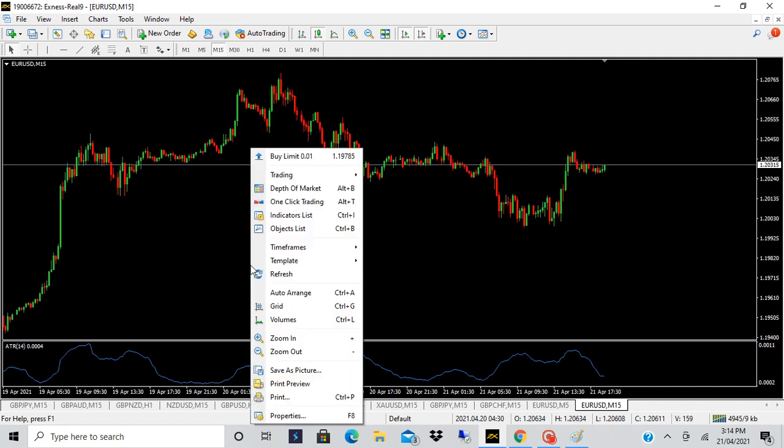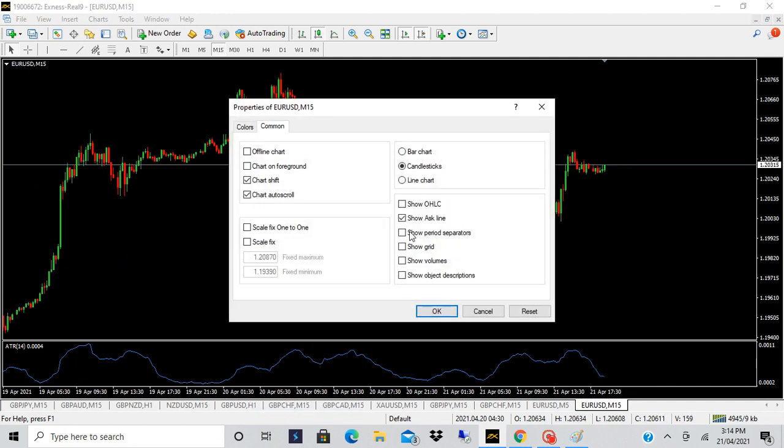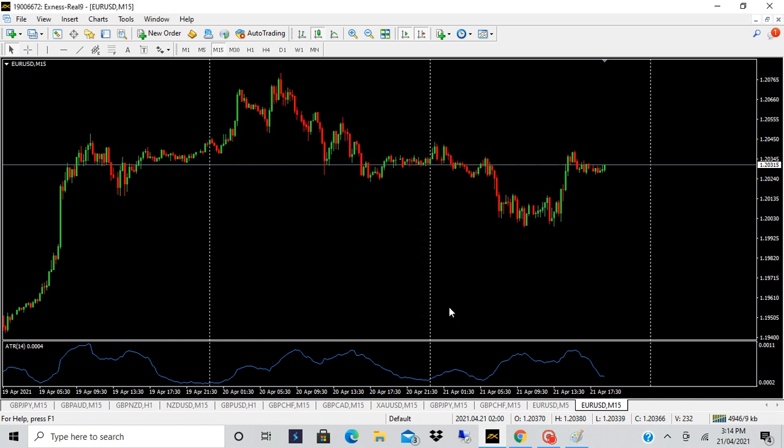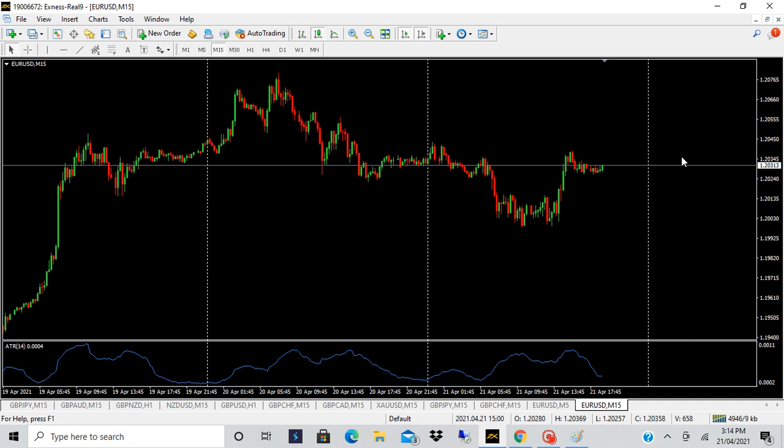So I use that to guide me through separating each day. Between each day I know it's 24 hours. So when it reaches across the white line, it's the next trading day. I hope that's very helpful to you.